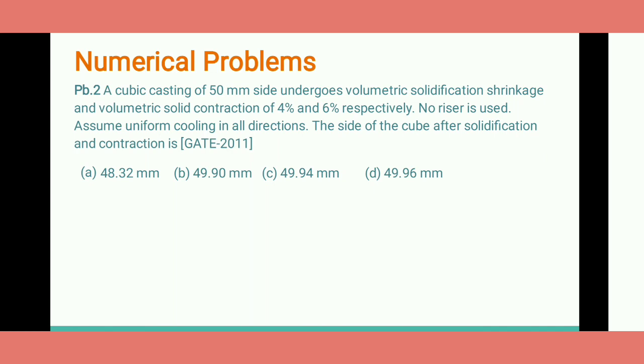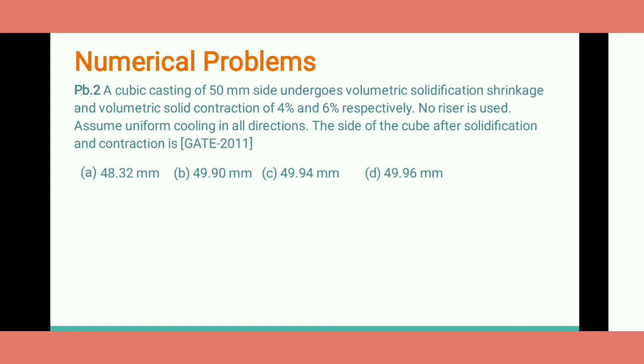Now what we have to do is find out the side of that final volume, the final casting. So we have to find out the side of that cube, okay. Now actually there is no direct formula, but with the help of the concept, we have to find out these values, okay.